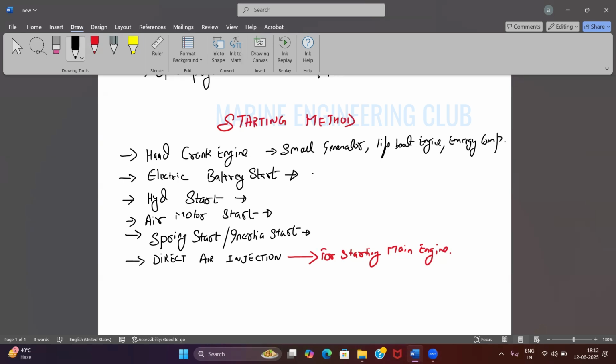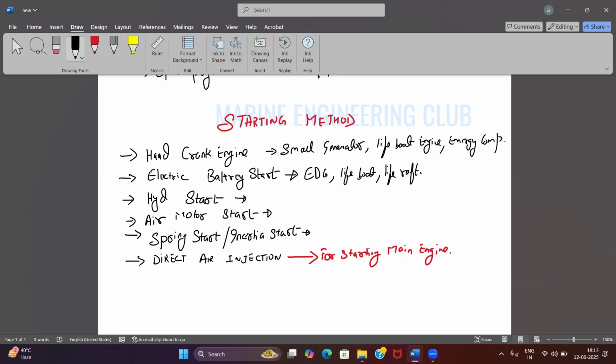Electric battery start is used for your emergency diesel generator. Yes, sir. You have lifeboat engines, life raft engines. These are all electric battery start.